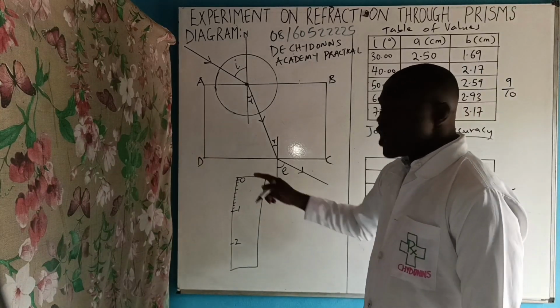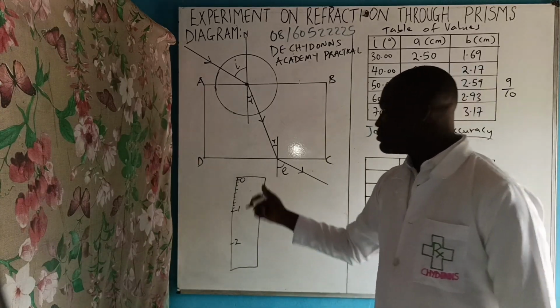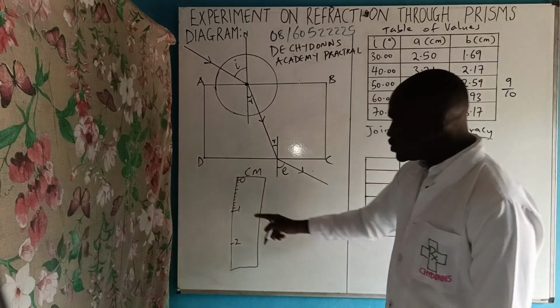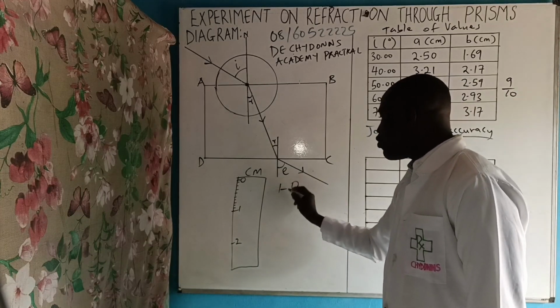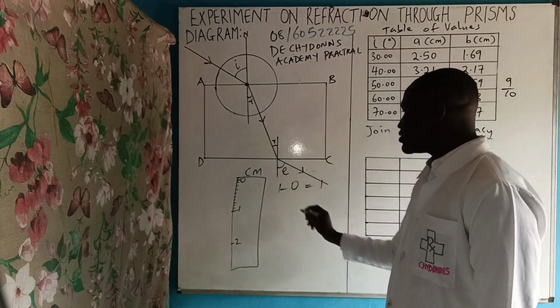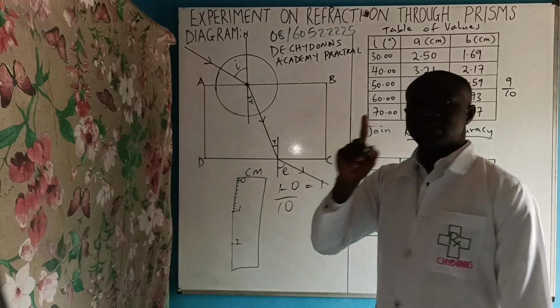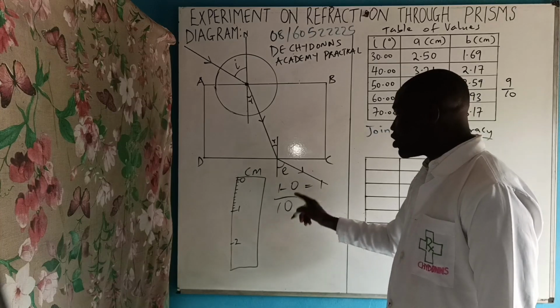Now, how do you know the least measurement you can get from this centimeter rule? You say 1 minus 0, which gives 1, all over how many small boxes you have, which is 10. So 1 minus 0 over 10.